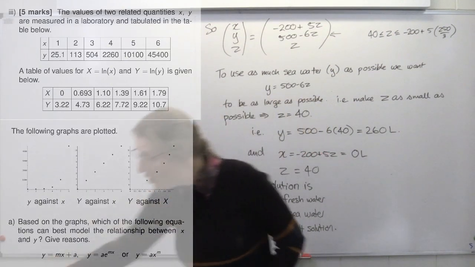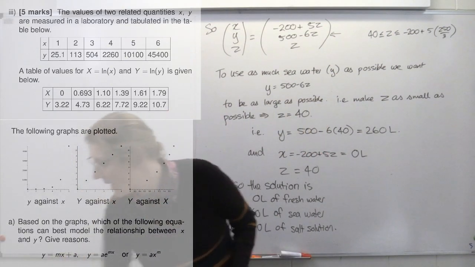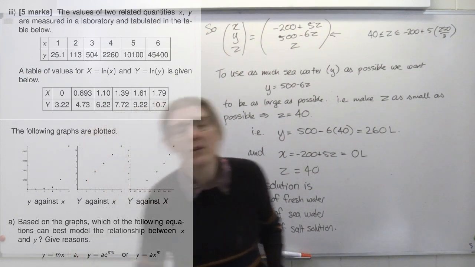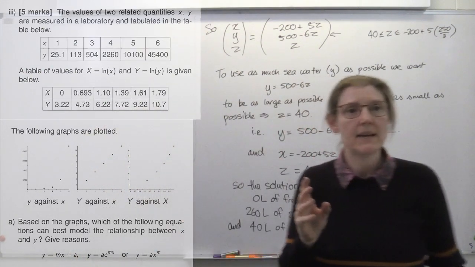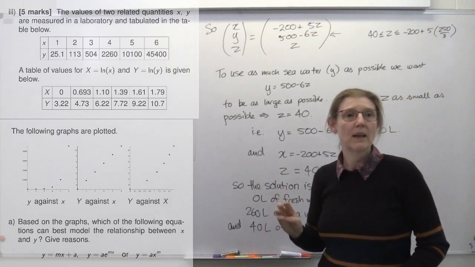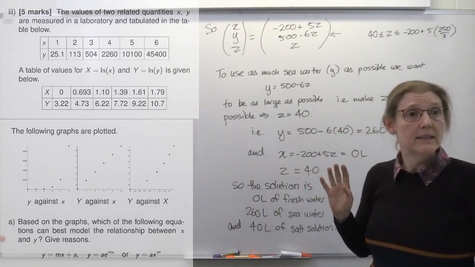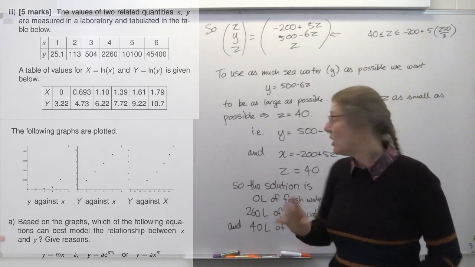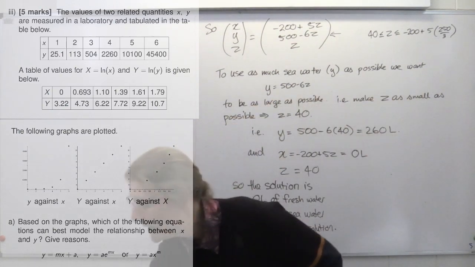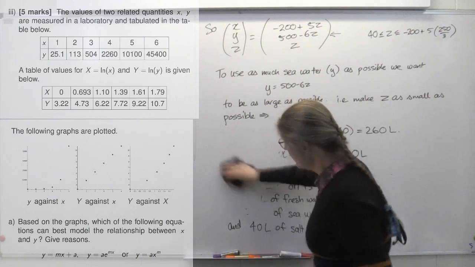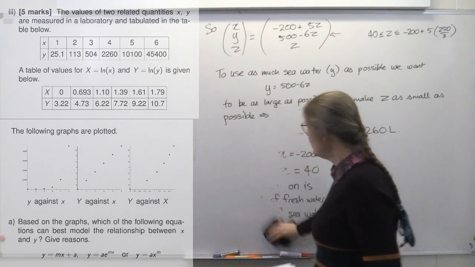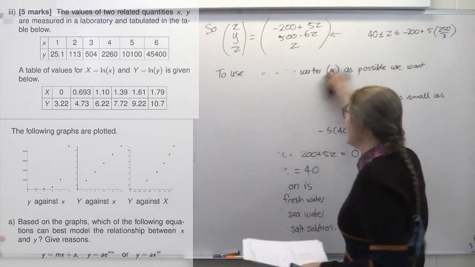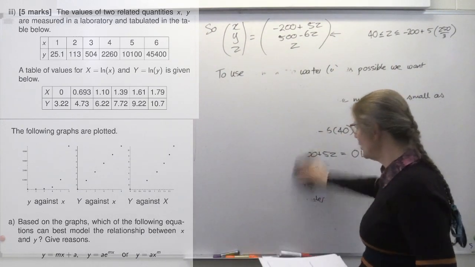Now, the first question that we're going to be asked is about what the relationship might be between those variables. And what we can see is that they've plotted 3 different graphs. So what you need to do is have a look at the graphs.